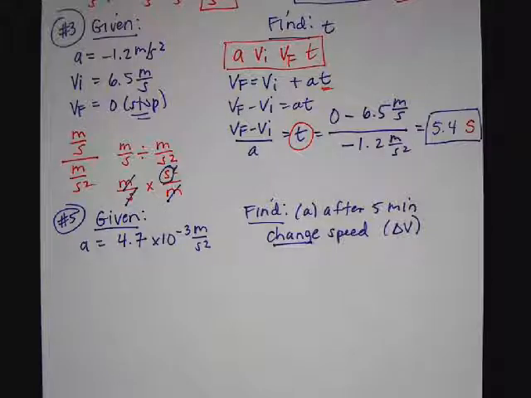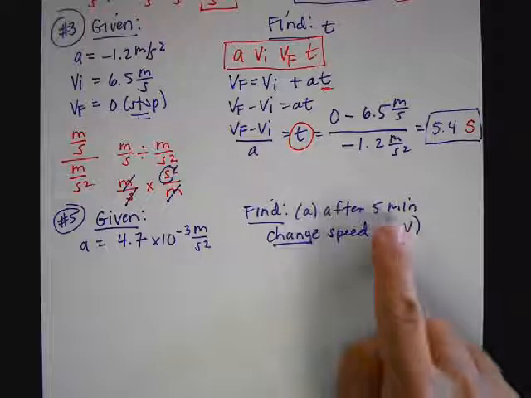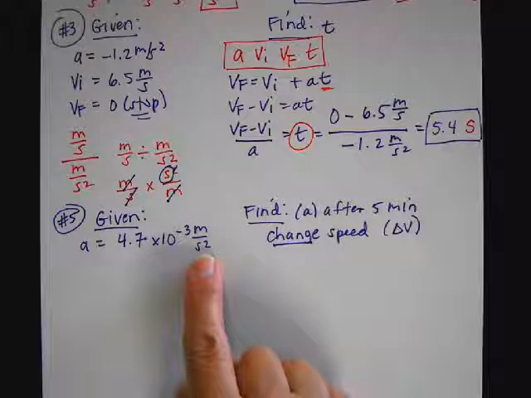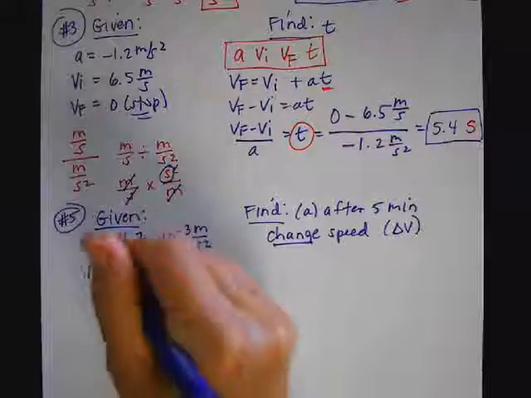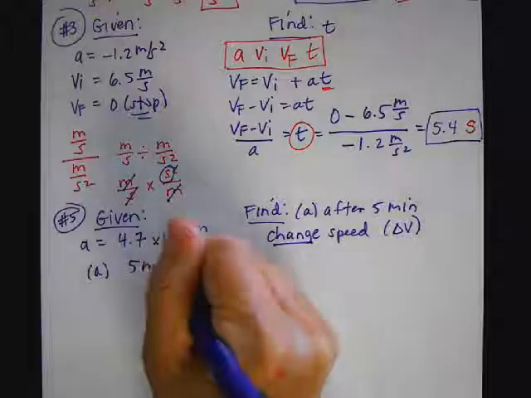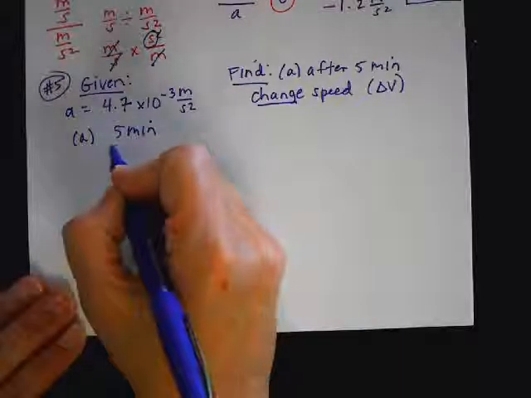Now, before I even go on, you're saying, gosh, I only have one thing. Well, remember, first of all, this says 5 minutes, and this is meters per second squared. So first of all, I know I want to change that minute. If I have 5 minutes, remember that when I convert, if I put this over a 1, it makes it easier for my numerator and denominator.